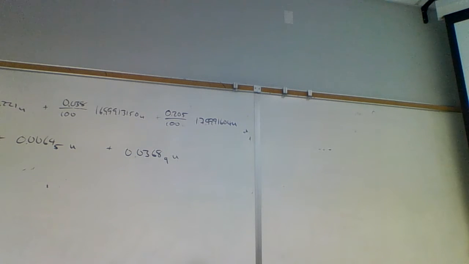But anyway, taking a look at this here, we can see what part of the mass is. So when we do addition and subtraction, what I do is I rearrange it because I want to align the decimal point. Whenever I do addition and subtraction, I got to make sure the decimal point aligns. And so this is going to be 0.00645 and 0.03689. Then I look, where is the uncertain digit here?